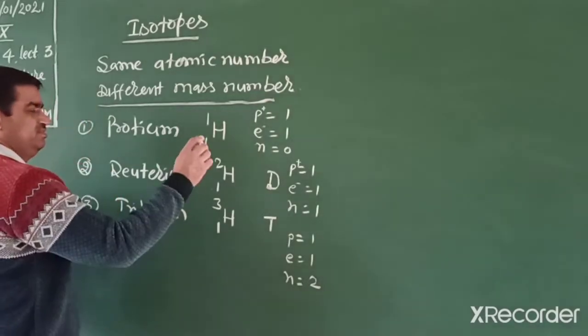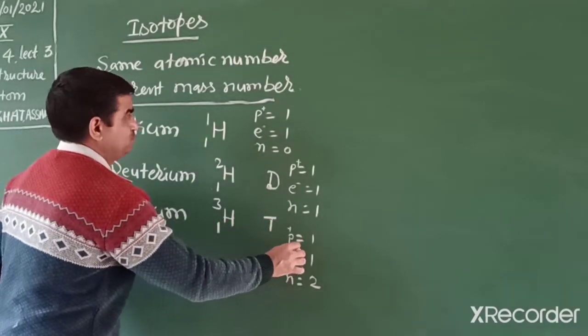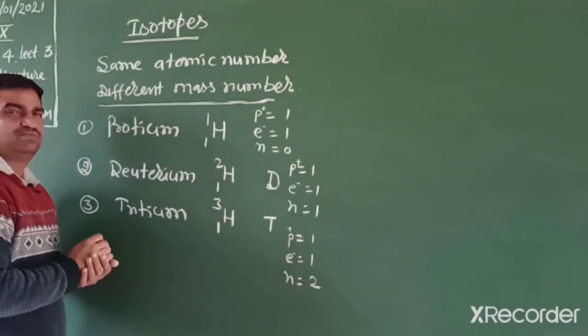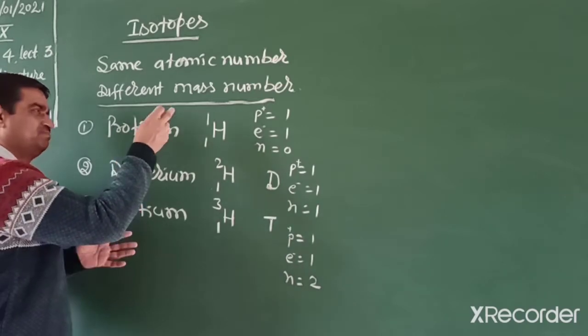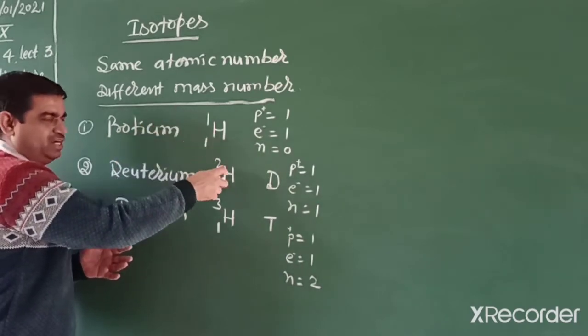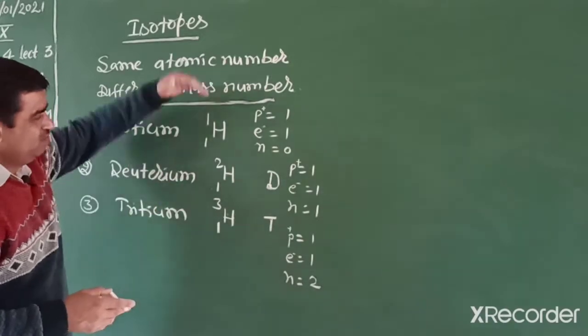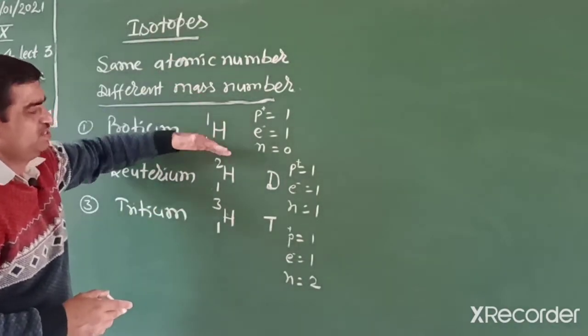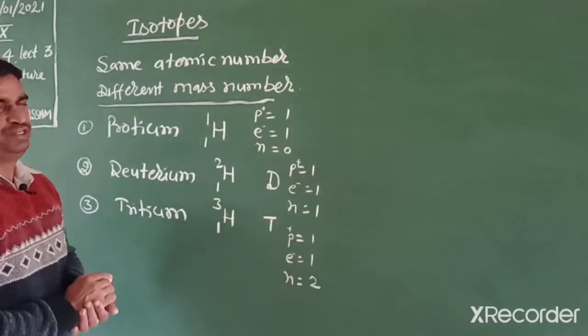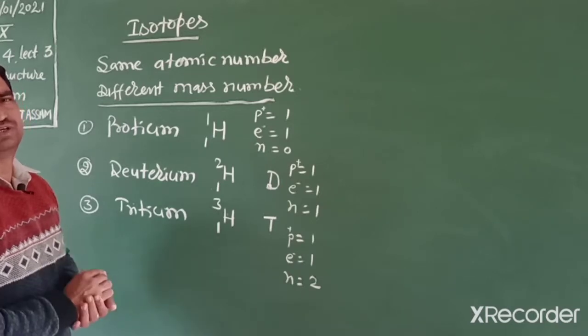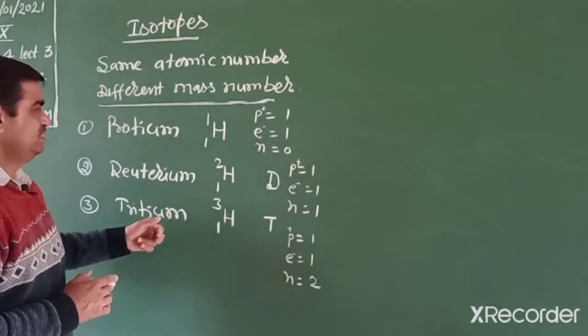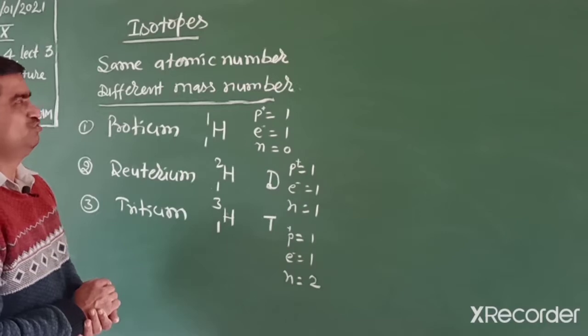So students, you can represent it like this. Isotopes are substances having the same element, hydrogen, but only the mass number is changed. Chemical property depends on electrons, the electronic configuration. So this is one example of an isotope.